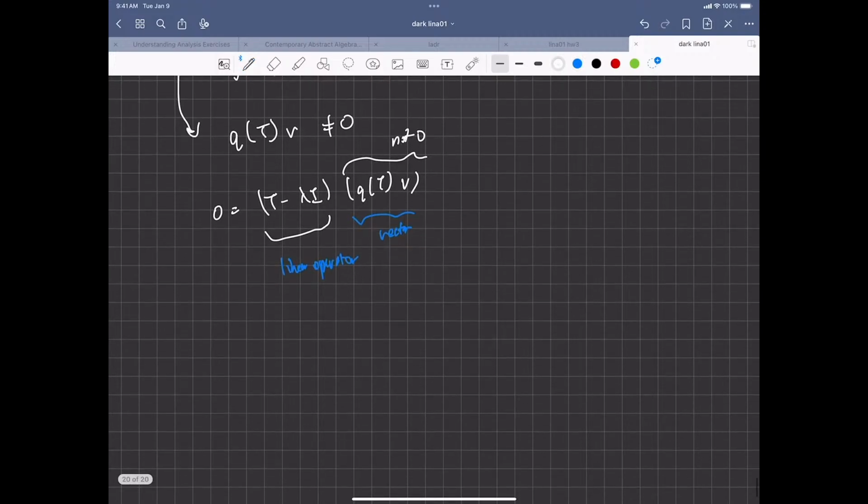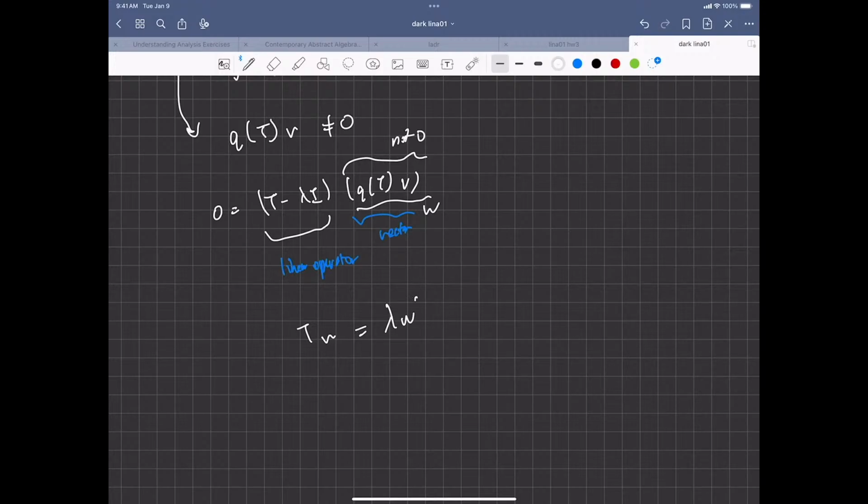And recall from 5a, we proved the result about eigenvalues and eigenvectors of T, that if this guy here is non-injective, then... since this is not zero, if we treat this guy here as w, then Tw equals lambda w.